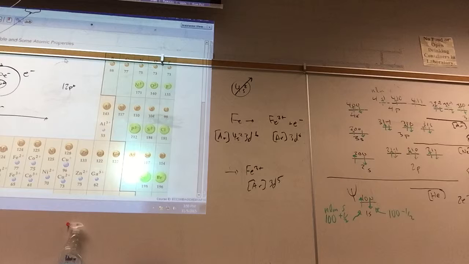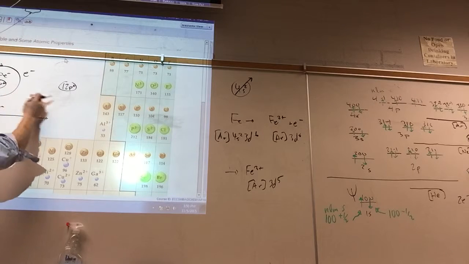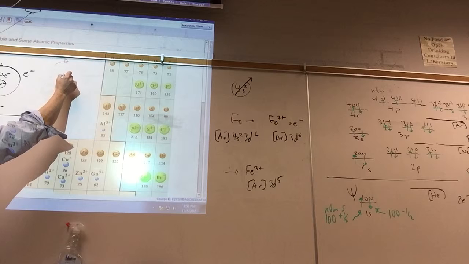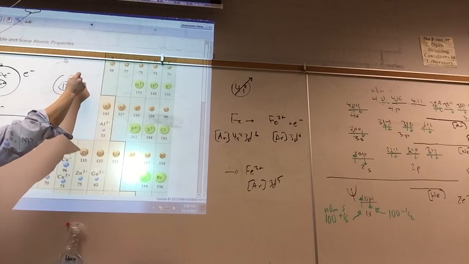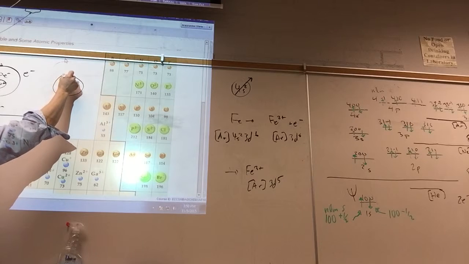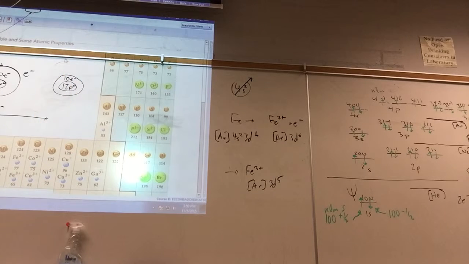And so when we have 12 protons versus 11 protons, 12 protons is going to have a stronger pull on the electrons. And so magnesium is going to have the neon core of 10 electrons, but it's going to be pulled in more tightly because there's a stronger positive-negative attraction. And so the core orbitals in magnesium are smaller because of the higher Z.